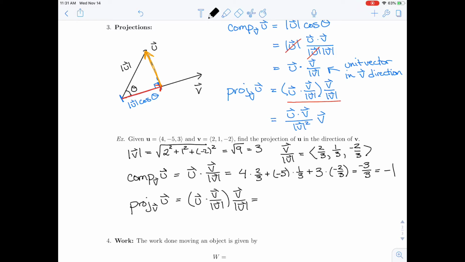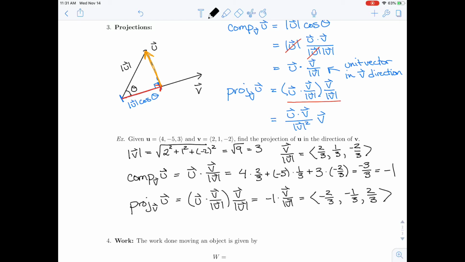We already computed u dot v over magnitude v as negative 1. So this will be negative 1 times the unit vector v divided by magnitude v. So in other words, this should be negative 2/3, negative 1/3, 2/3.